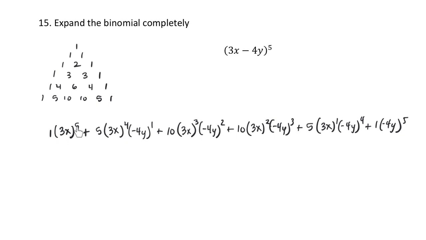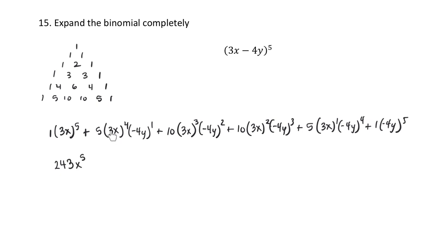Now here, 3x raised to the power of 5 is 3 to the fifth power. So 3 times 3 times 3 times 3 times 3, 3 multiplied by itself 5 times, so that's 243 x to the fifth.